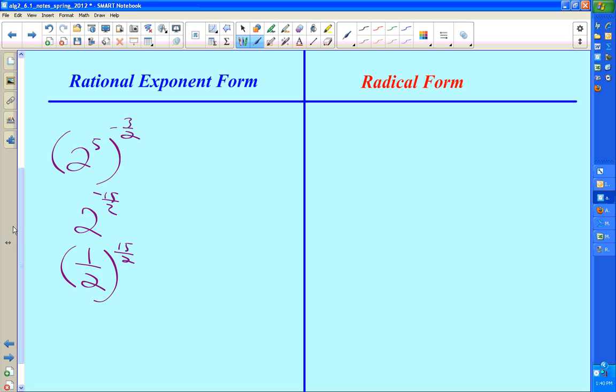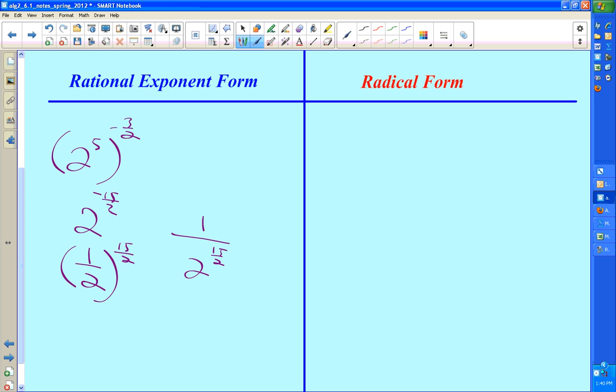This is base to a power. It doesn't matter what the power is. This power is negative, right? So you could make this 1 over 2 to the 15 over 2 power, but in no way do you ever multiply the power in the base. There's no situation where we ever do that.